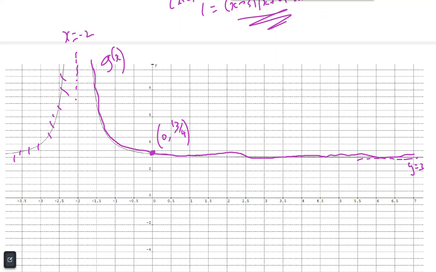So now where I'm looking for my inverse, x equals 3 is going to be the vertical asymptote, and y equals negative 2.